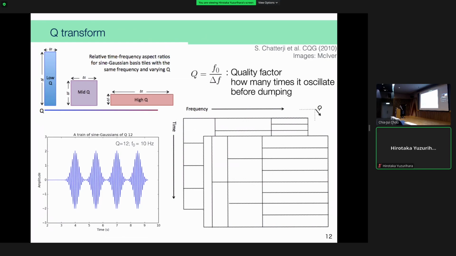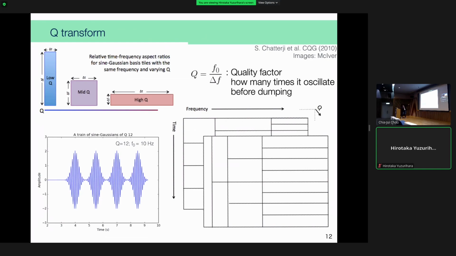Focus on the left top side. There are three types of tiles. For example, this pink one is a tile with a high Q, and the x-axis is the time direction. For the x-axis direction, it has low resolution, because high Q means it needs time to damp, so this kind of resolution is enough.